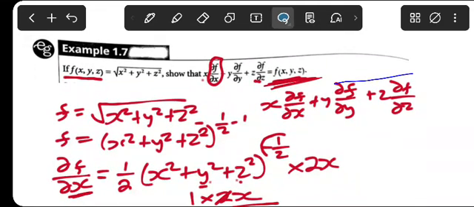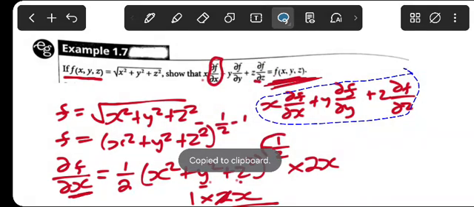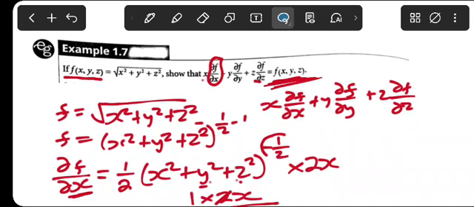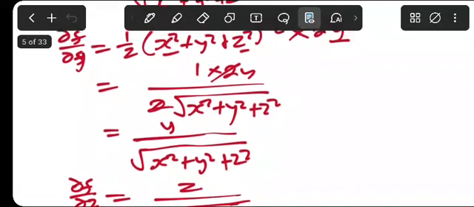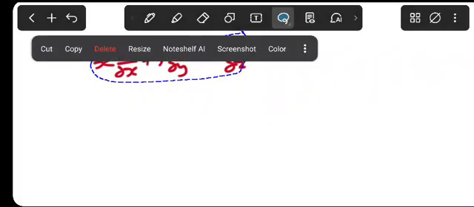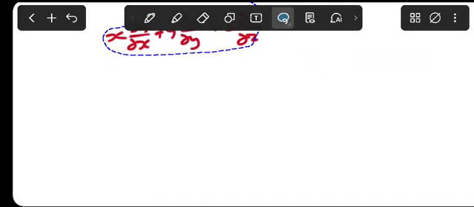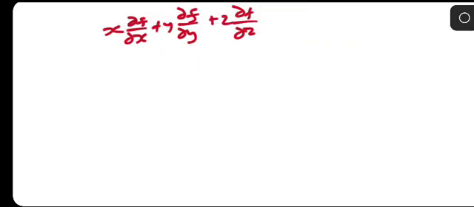Let me copy this and write it here on the bottom page. This is what we're supposed to prove. By the way, we're supposed to use this.